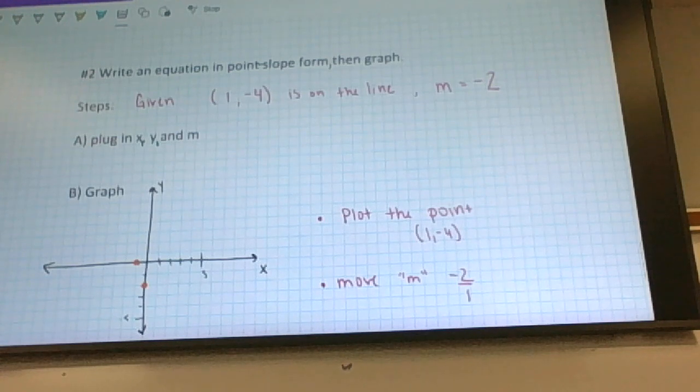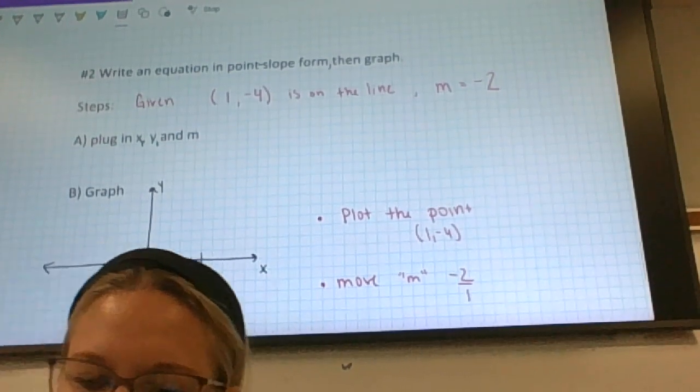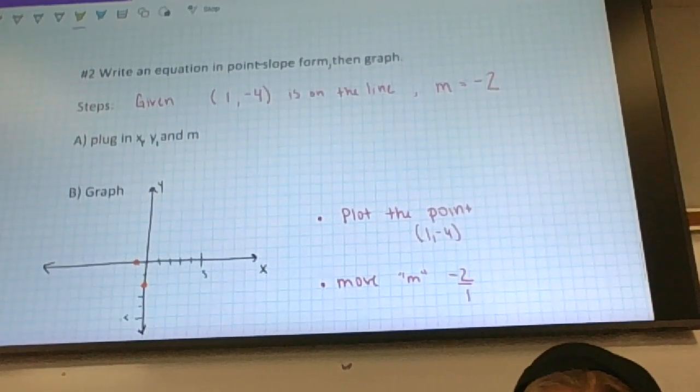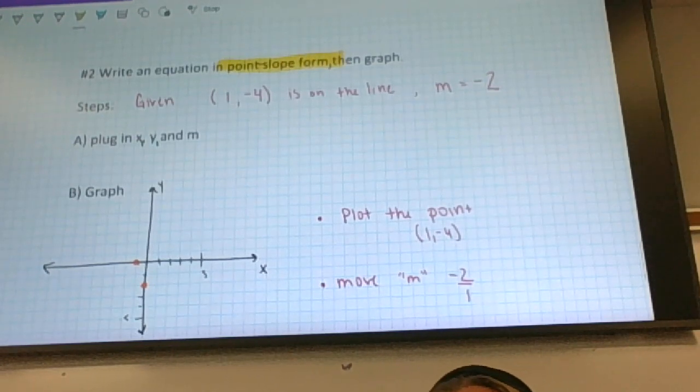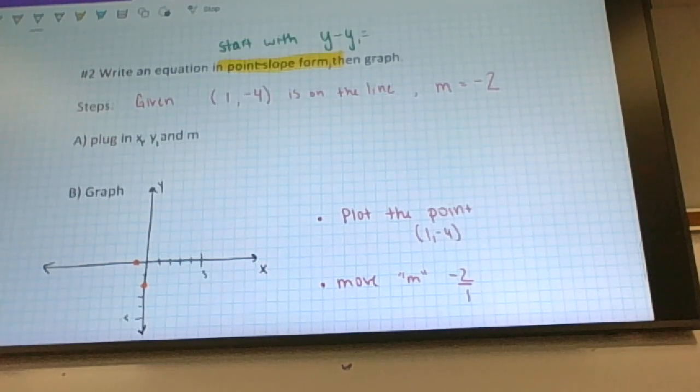And the directions say write an equation in point slope form. As soon as you read point slope, that means you have to start with y minus y1 equals m times x minus x1. Plug in the point and the m value.